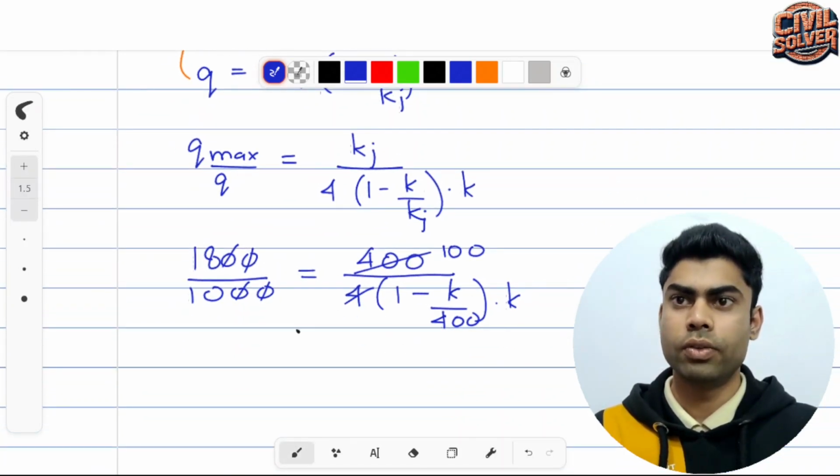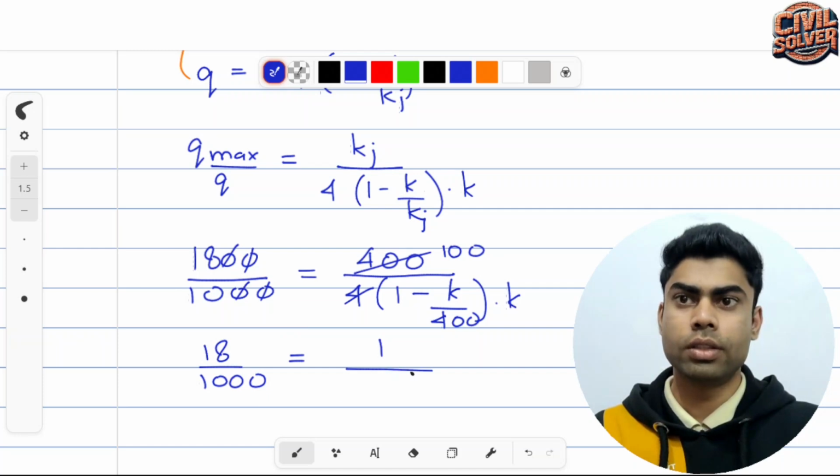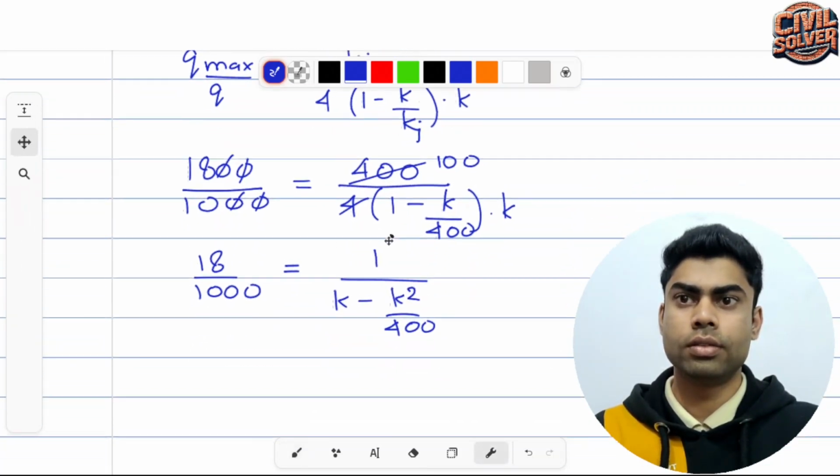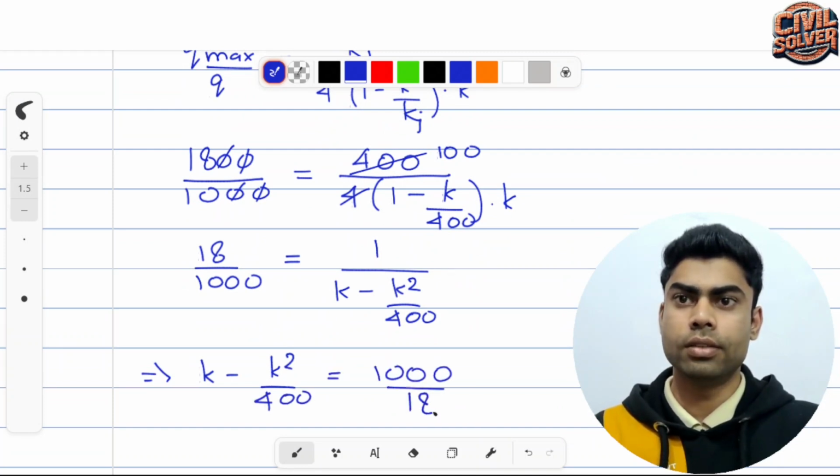So resolving it, we will get 18 upon 1000 is equal to, multiply K inside, we will get 1 upon K minus K square by 400. That means cross multiply, K minus K square by 400 is equal to 1000 upon 18.